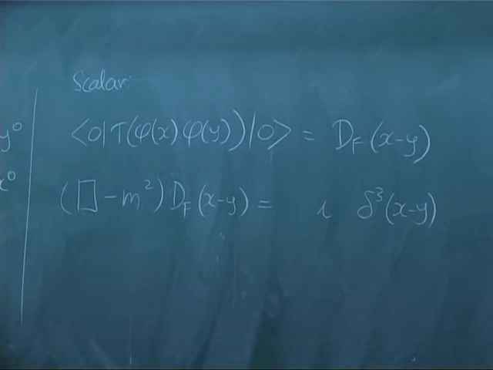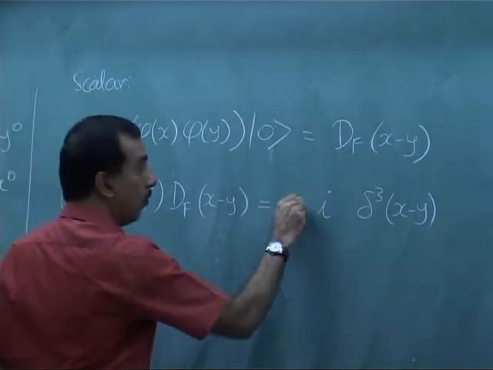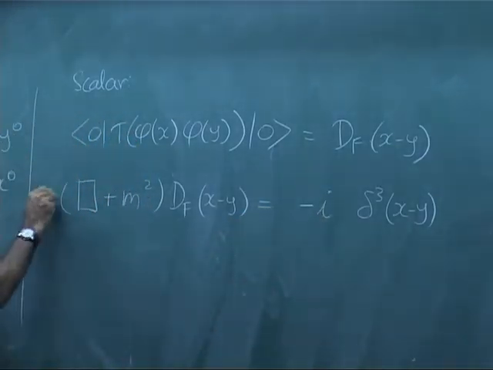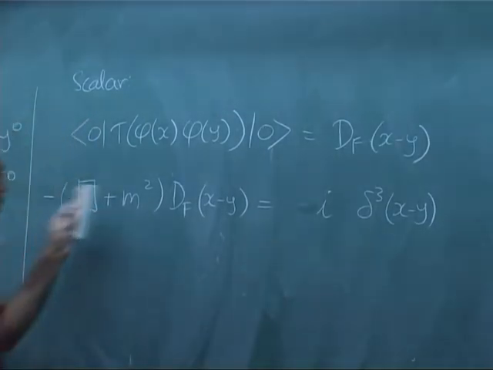Sorry, first of all it's box plus m squared, I guess, in my notation, and it is minus i. Actually, the correct thing is to say it's minus of box plus m squared.